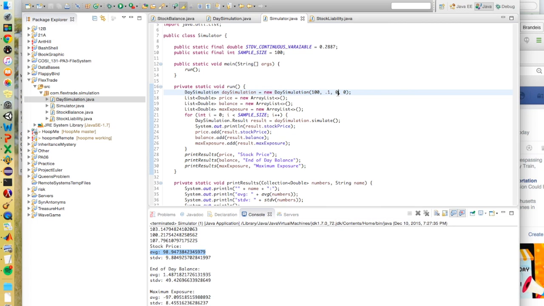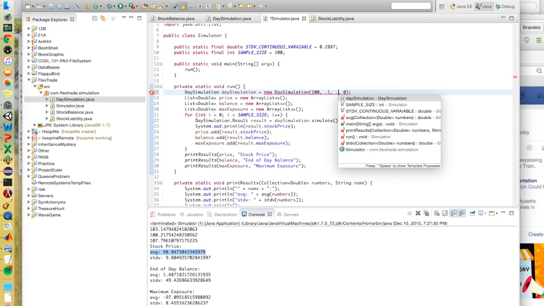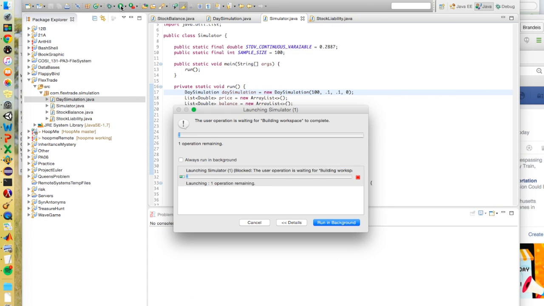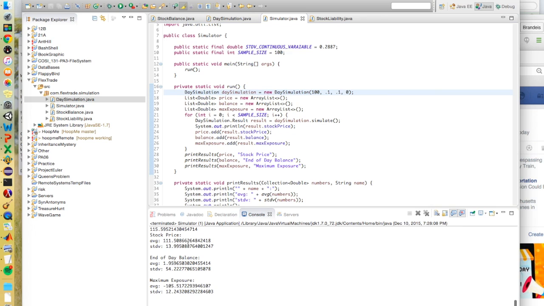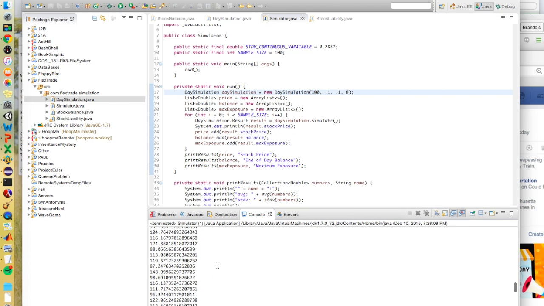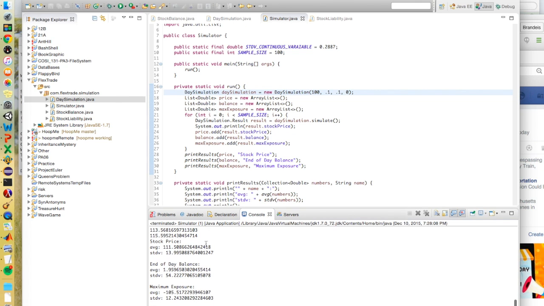If we change this movement variability over here to 0.1, then we would expect the stock to end the day 10% up. So in this case, the stock ends the day with an average stock price of 111, around 10% up. And again, you see there's still days where we lose value. But again, we expect it to end up, so that's factored into our simulations.